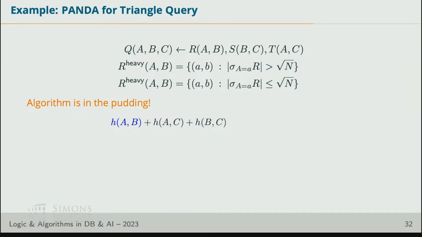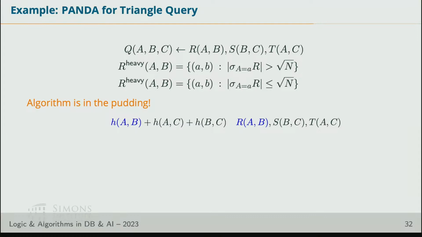But the way to do that is the following. For every term on the right-hand side of the Shannon flow inequality, we will associate with it a copy of one of the input relations. So H of AB corresponds to R of AB, H of AC is S of BC, H of BC is S of BC, and then H of AC is T of AC. I'm sorry about the wrong ordering.